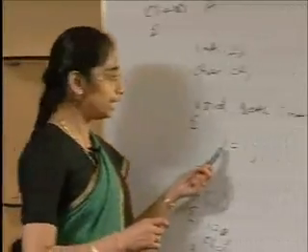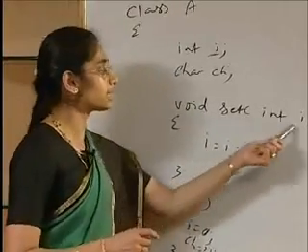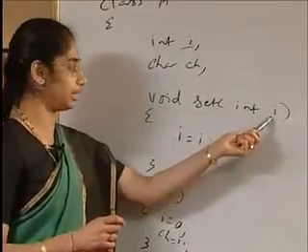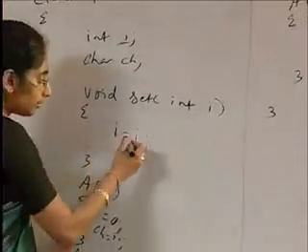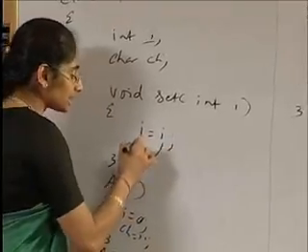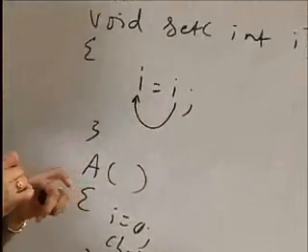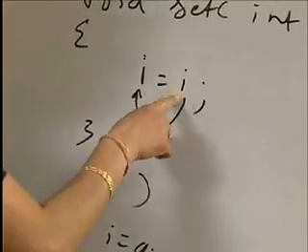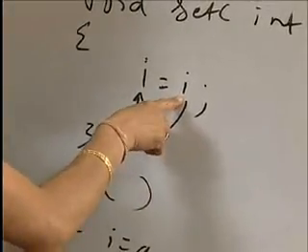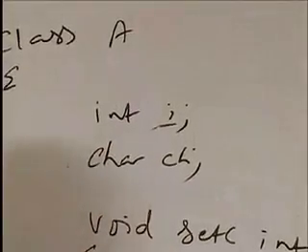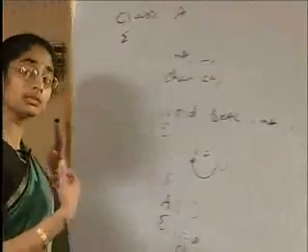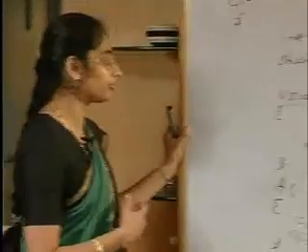Now when I say I out here, it always takes the immediate variable I, that is the local variable, the parameterized variable I. So the parameter variable I is being equated to itself. It's not an error here. But what you require here is the parameter variable I value should be equated to an instance variable I. Now how do I know which instance variable I that we are talking about?